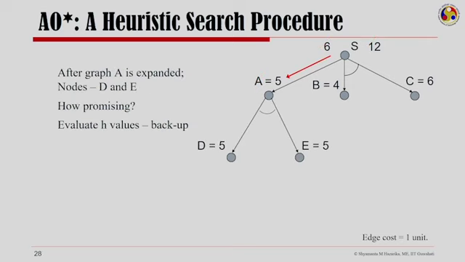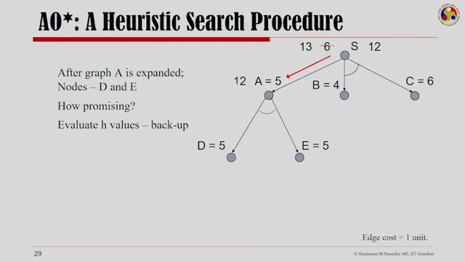Thereafter, I expand the node A, I get nodes B and E. The question is, how promising are they? So, I evaluate their age values, which are 5 and 5 here, and I revise the value for A now. So, I have 5 plus 5, 10, and this being a 2 connector, I add 2. So, I have a 12 here.